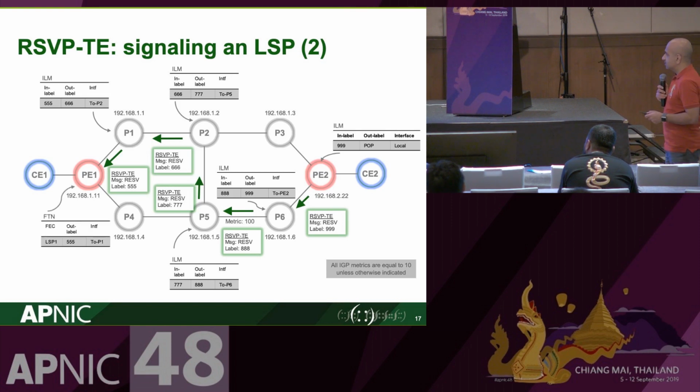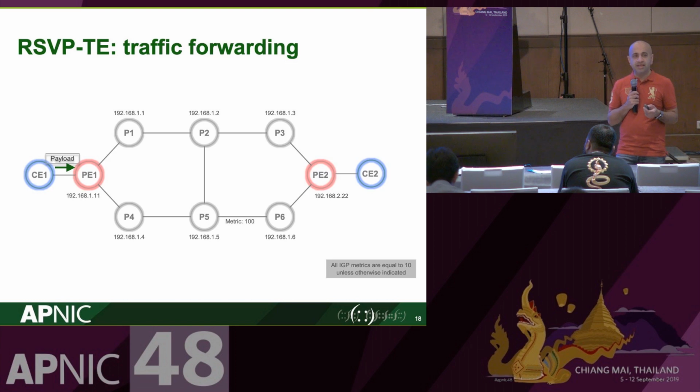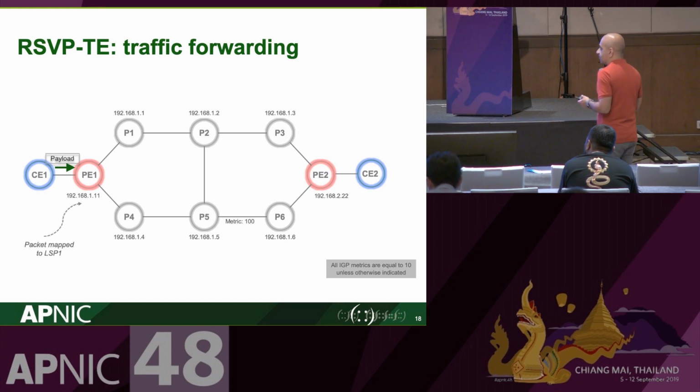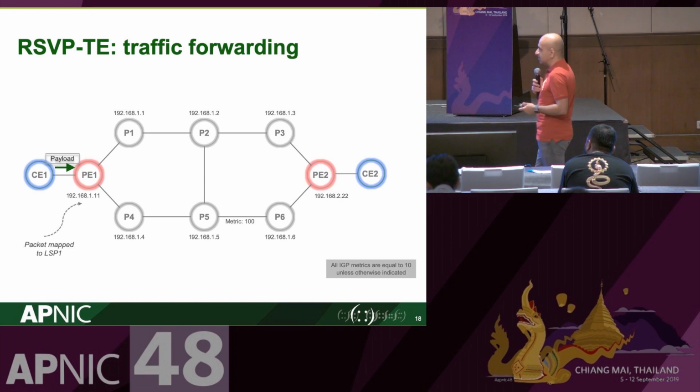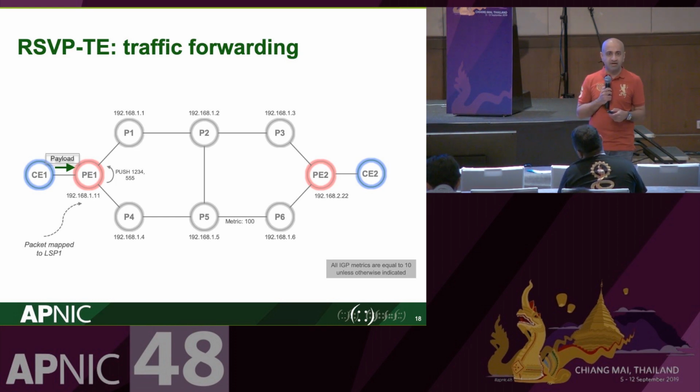So we look at the same example in terms of forwarding. This is something that should come easy now that you've seen the LDP example. So we've built the label tables. Packet comes in, we map it to that LSP, we push the VPN label, we push the transport label of 555.